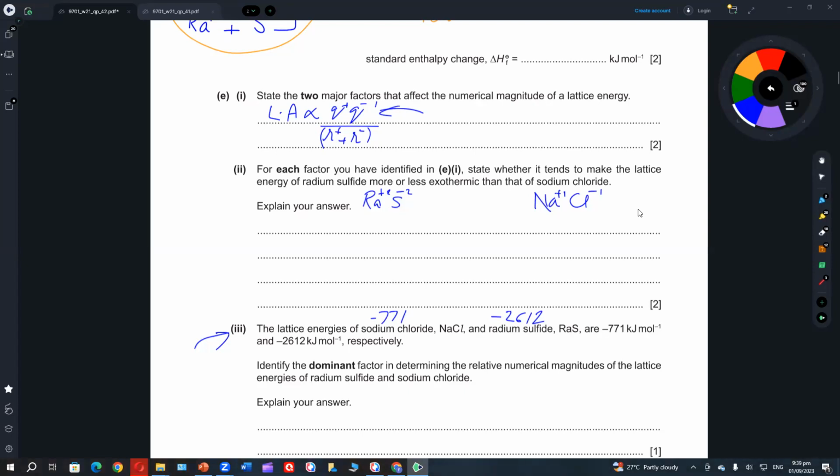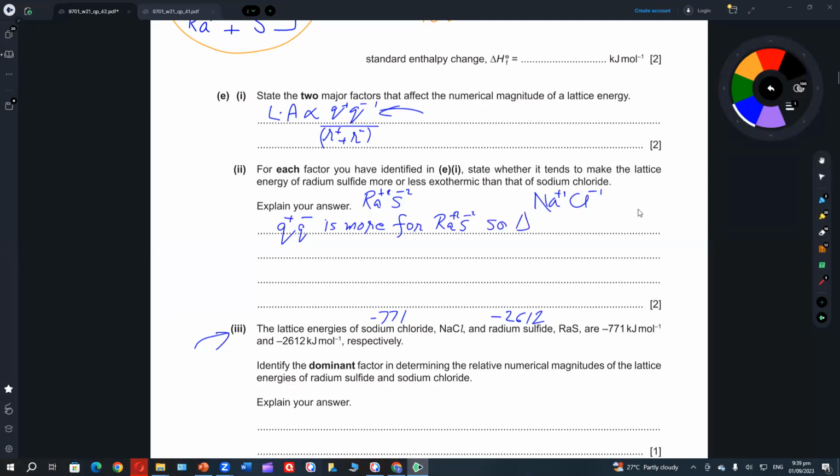I will write in a shorter form here: Q plus times Q minus is more for Ra+2, S-2.